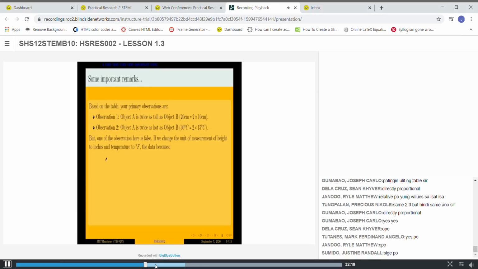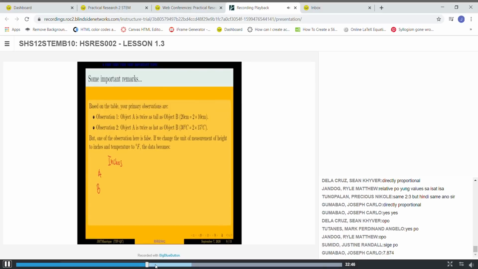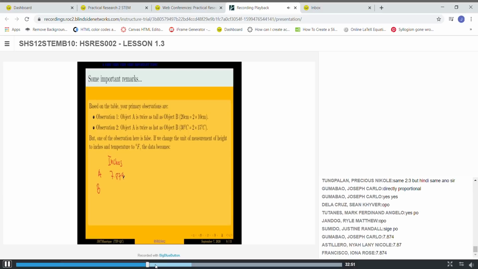Sige nga, what is the value of height of A kapag inches? Convert nyo nga, the height of A is 20 centimeter. Ilan siya in inches? 3 decimal places. Paki-convert. 7.874.